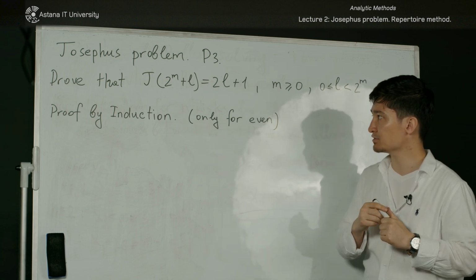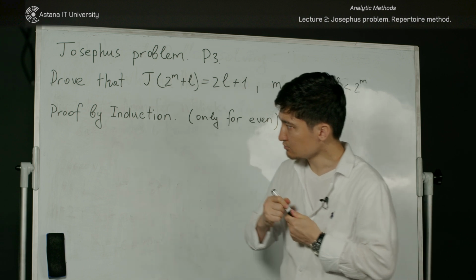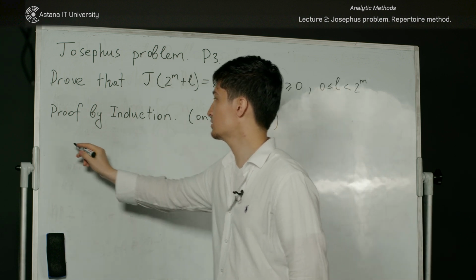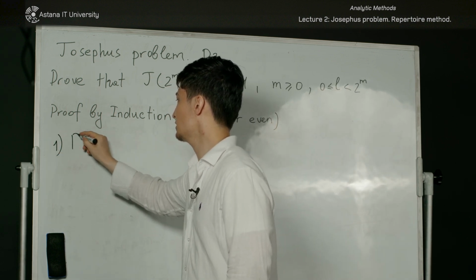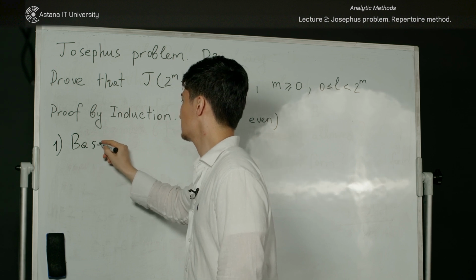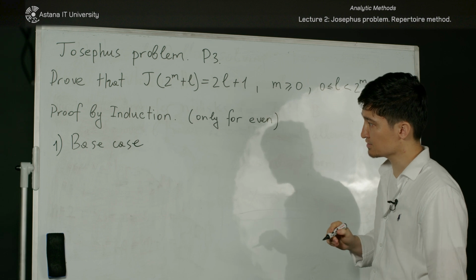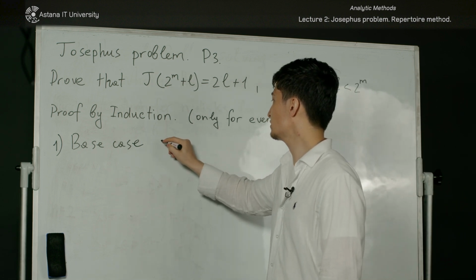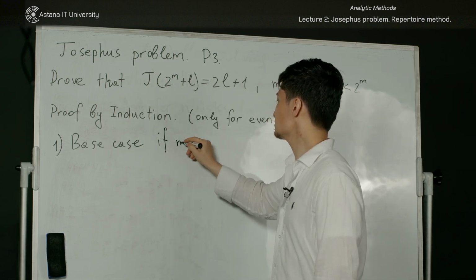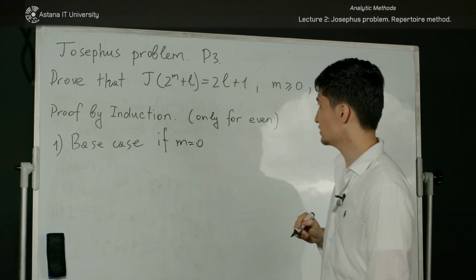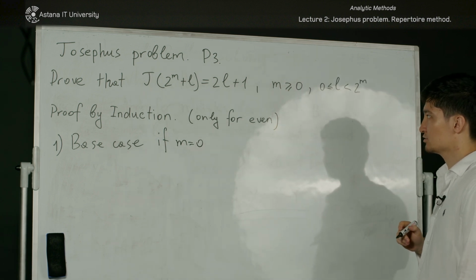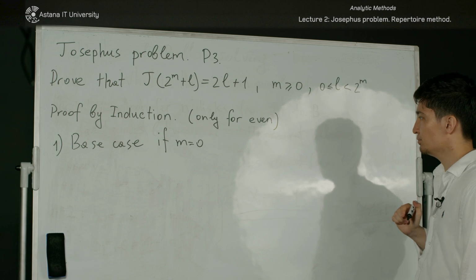So let's start with this one. First case is the base case, right? So in the base case, we're going to consider that m equal to 0. So according to the condition, it could be 0, right?